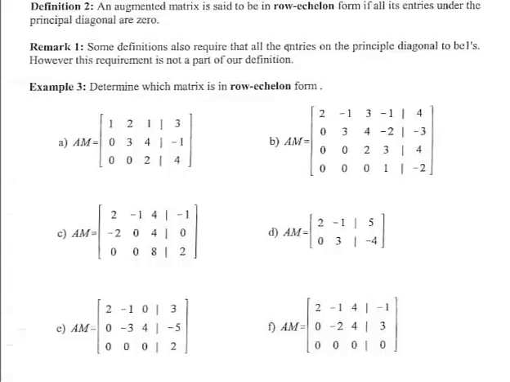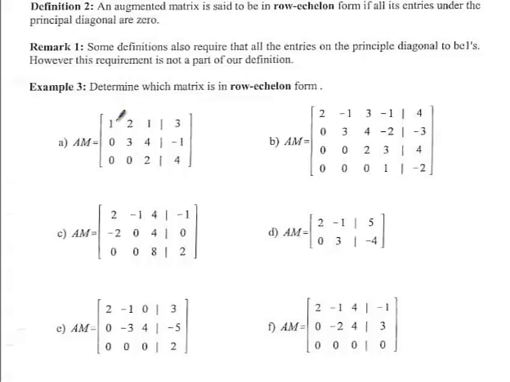And row echelon form, when you're dealing with matrices, is easily recognizable in that all of the entries below the principal diagonal of the matrix are zeros. So below in example 3 we have 6 matrices, and we want to recognize the ones that are in row echelon form.